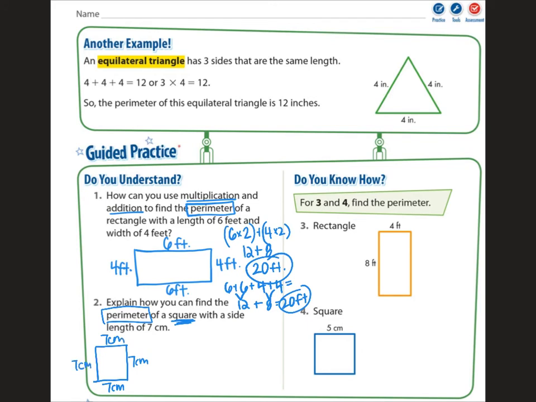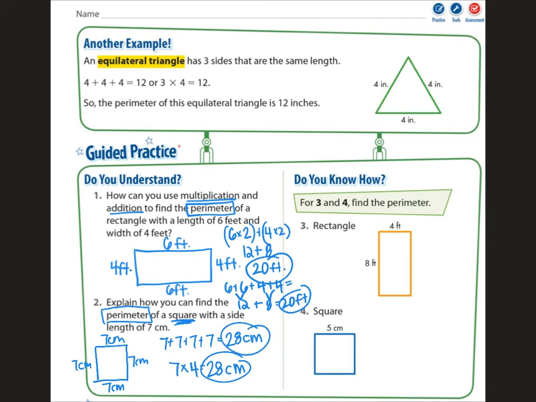I can find this by going 7 plus 7 plus 7 plus 7, or I can think 7 times 4. I know that 7 times 4 is 28. And when I add 7 up 4 times, I also get 28 centimeters. So that is the perimeter of that square.